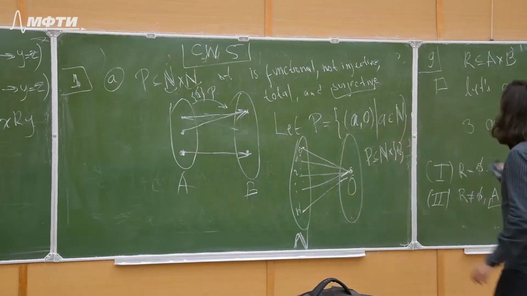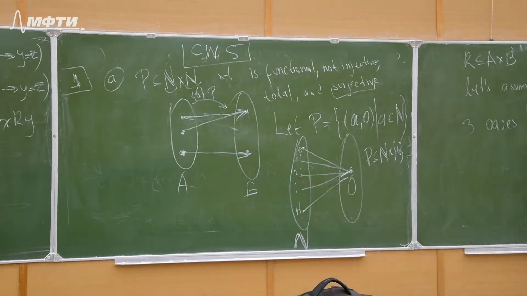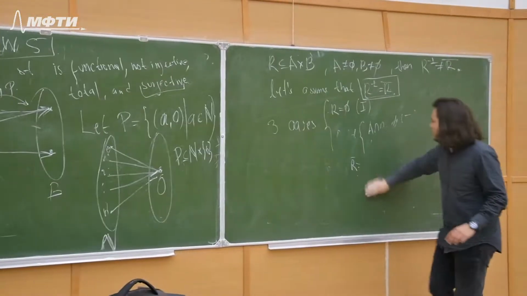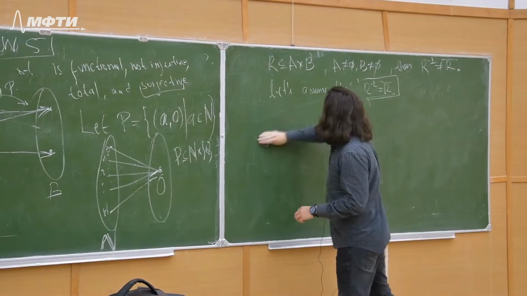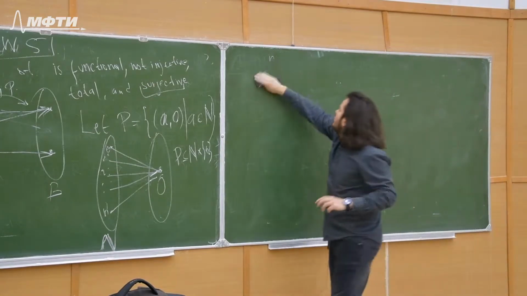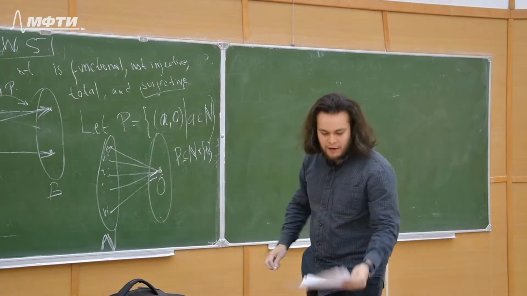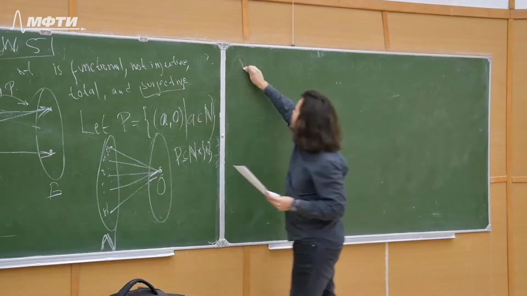For B, so now for B we have that P must be the following.